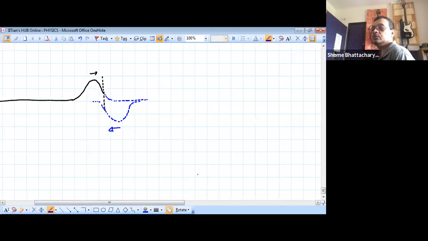To understand the superposition of these two, let's look at this situation. This like this, and you have this like this.